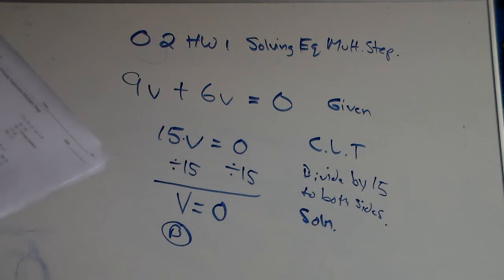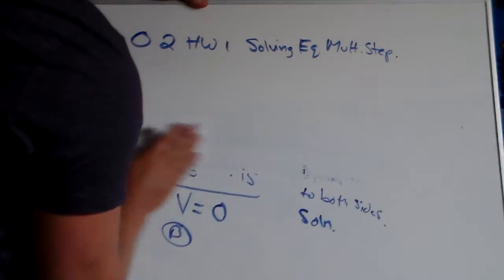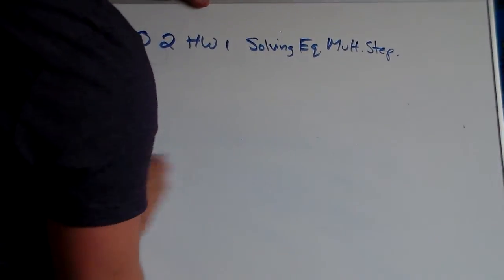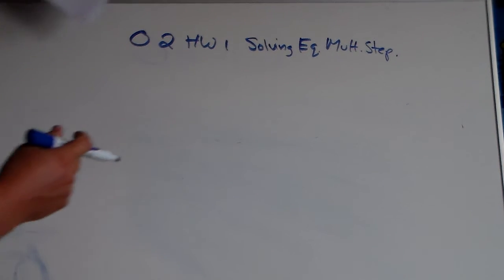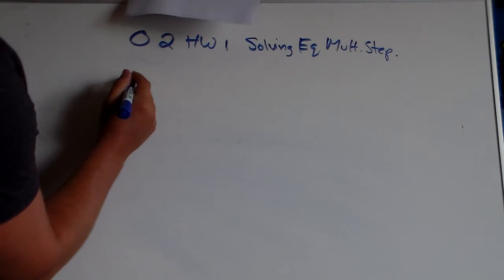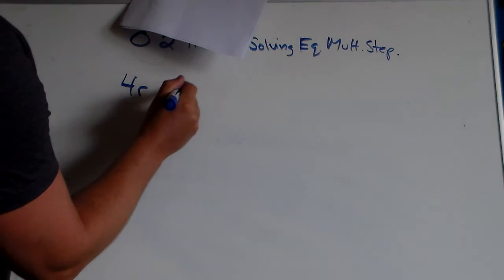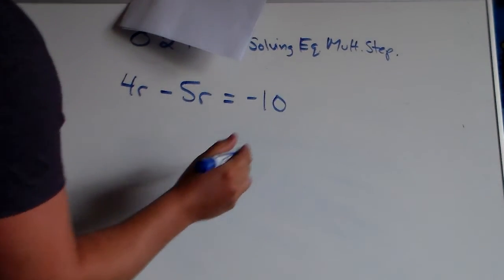Last problem we're going to do is number 5. Number 5 says 4r minus 5r equals negative 10.